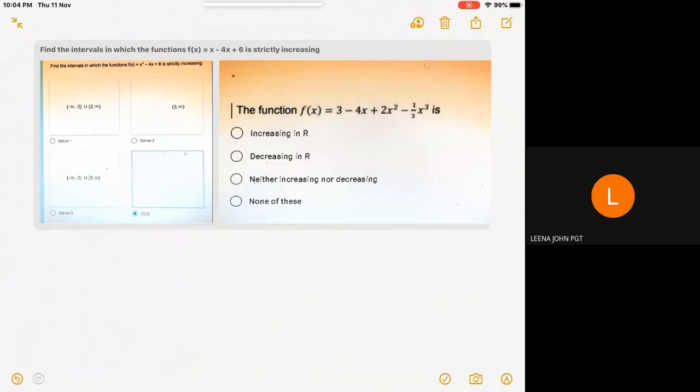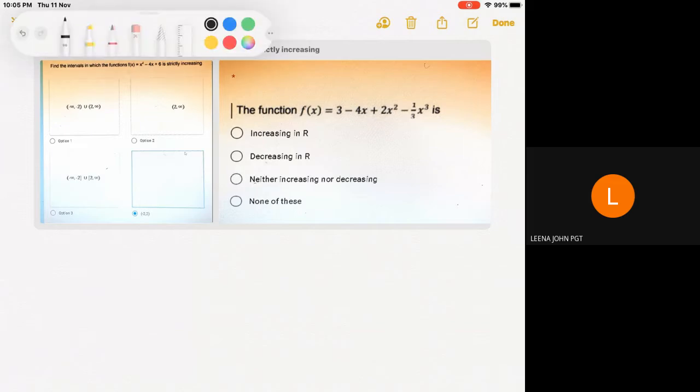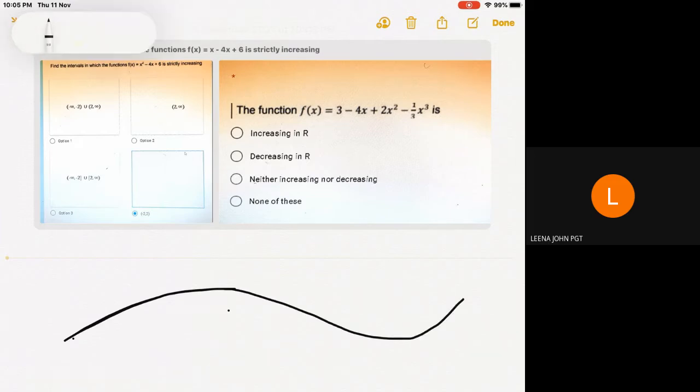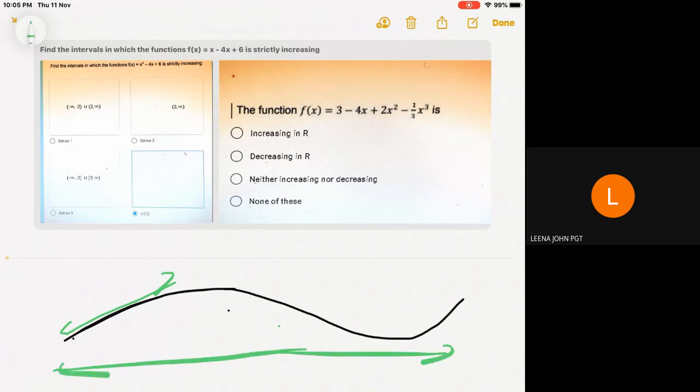Today we are considering those functions which are increasing or decreasing. See here, if a function is increasing, suppose this is the domain of the function, the slope of the tangent is f dash x greater than or equal to 0.